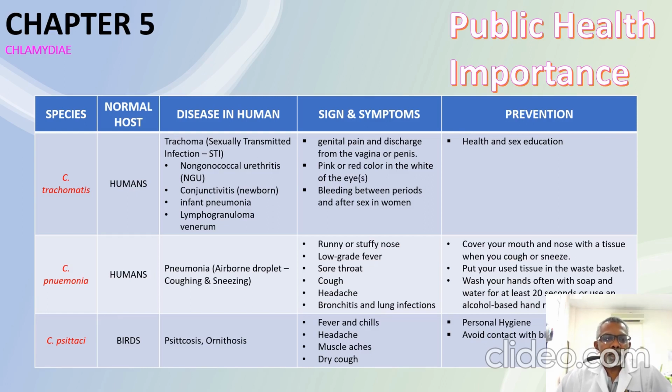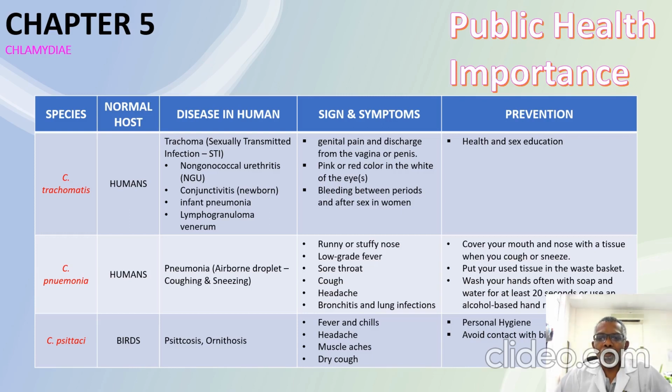Chlamydophila pneumoniae also uses the human as host. It is more of an airborne droplet, okay, which means the disease can spread by coughing and sneezing. Signs and symptoms of infections from this bacteria is more like flu symptoms.